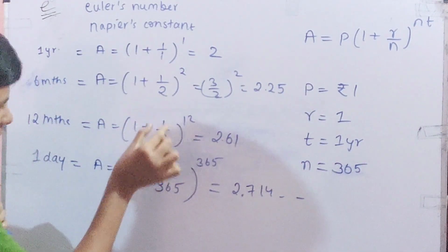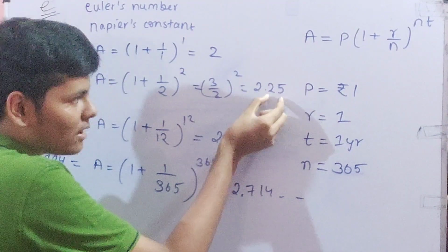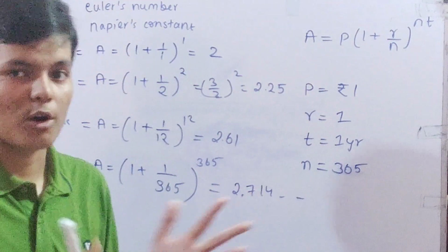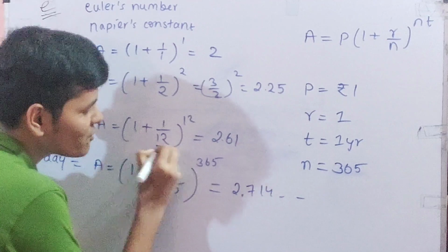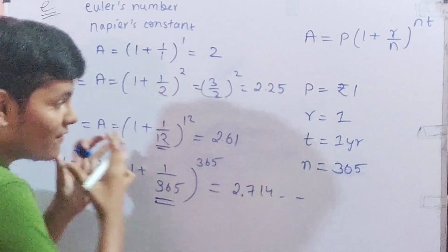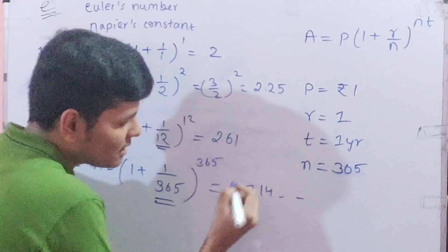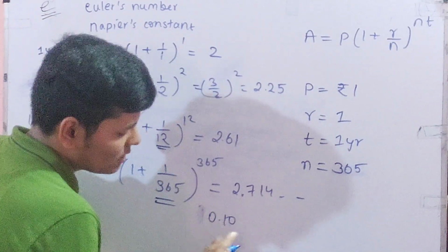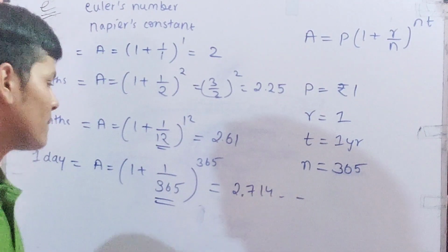When I increase it to 12, I still get a gain from 2.25 to 2.61, almost 0.4. Now when I increase the number of terms from 12 to 365, that is a very large jump, but the gap is not even 0.10. Now this is a very interesting concept.